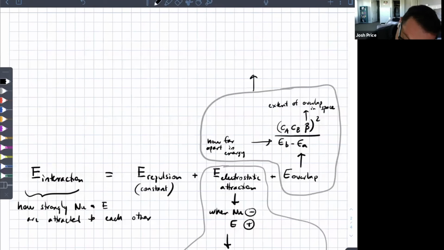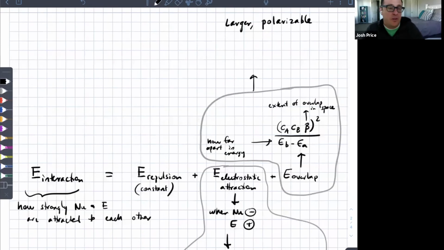Well, they tend to be larger and more polarizable. By that, we mean they can distort their electron density easily from one side of the molecule to the other. By virtue of being polarizable, they would engage in better van der Waals interactions or induced dipole interactions.